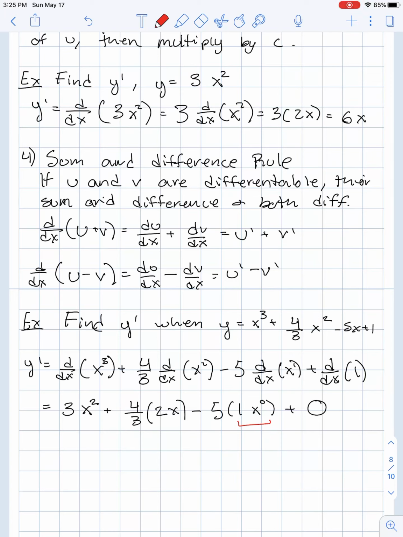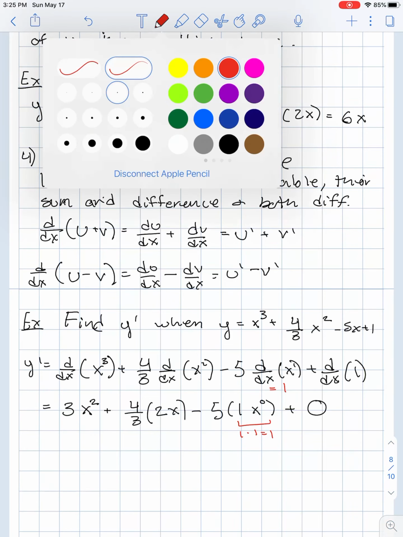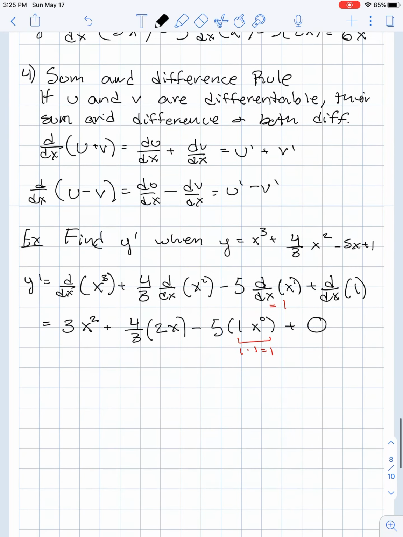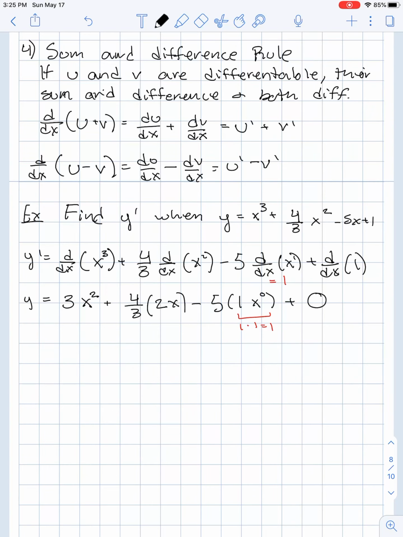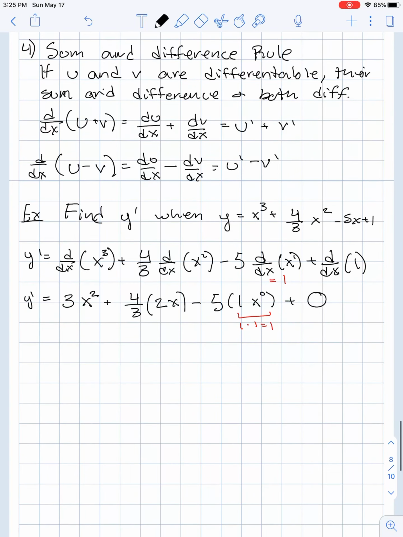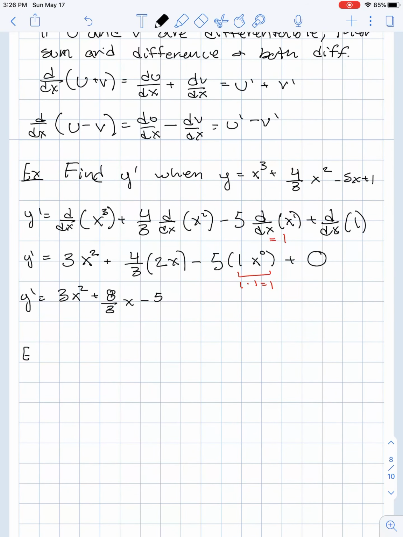When we're talking about x to the 0 here, 1 times x to the 0, that's just 1 times 1, which equals 1. So the derivative of x is just 1. Alrighty? So I can simplify this. y prime will equal 3x squared plus 8/3 x minus 5.